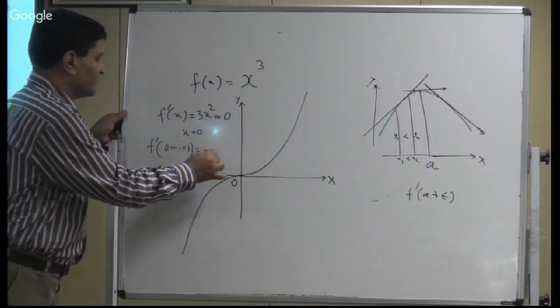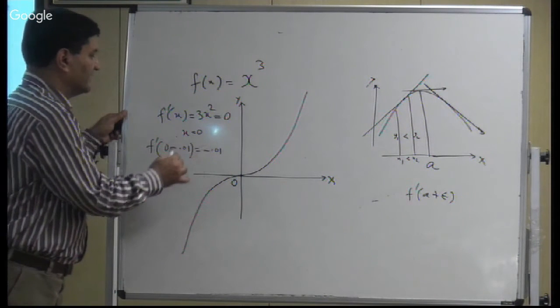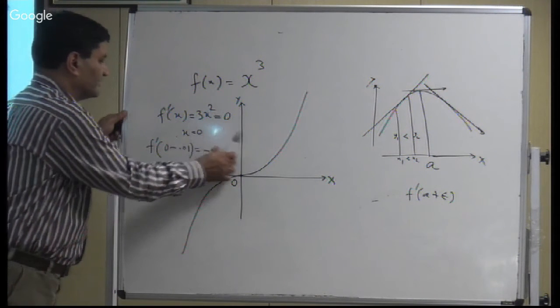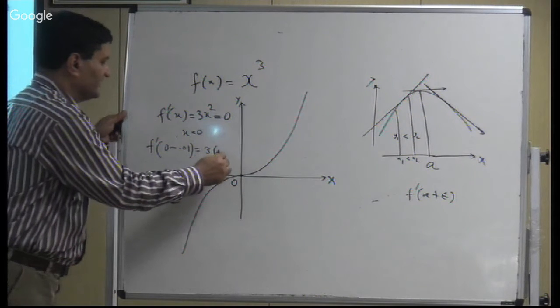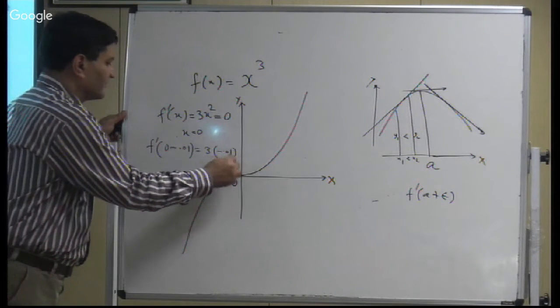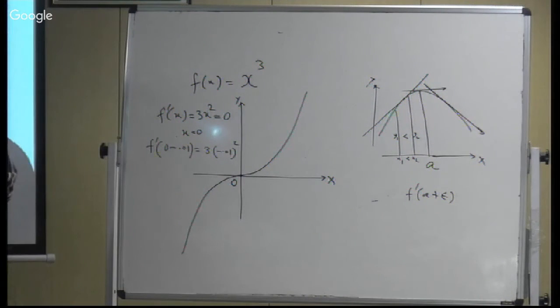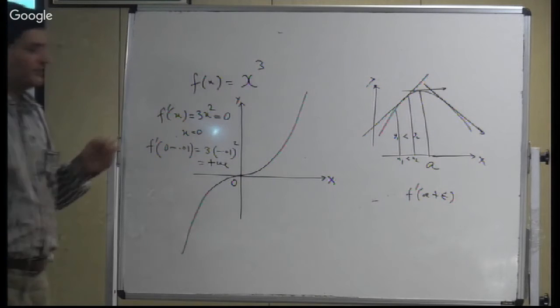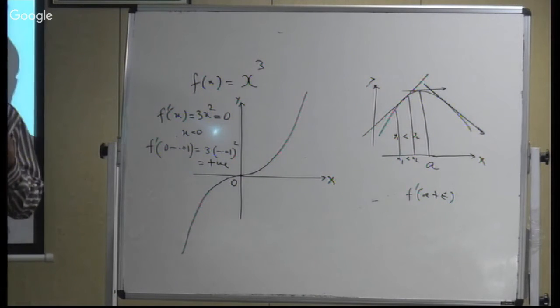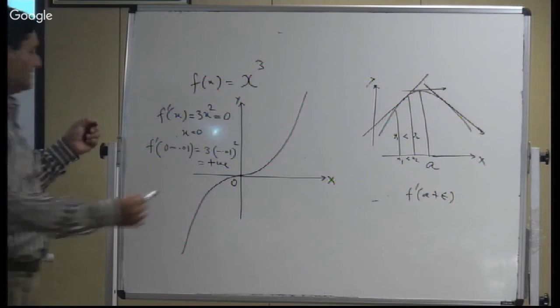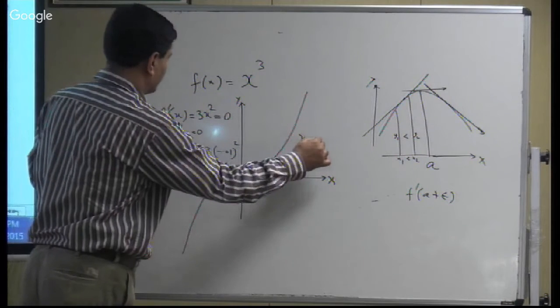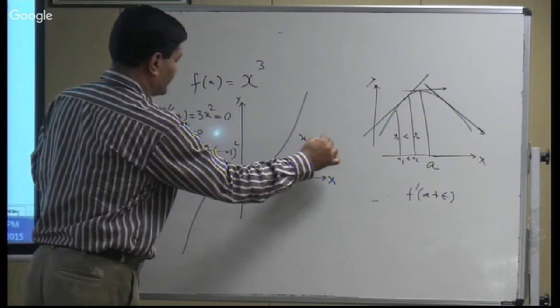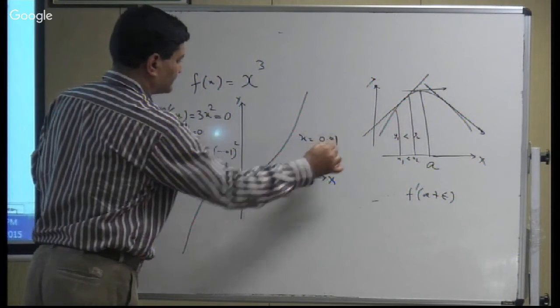So it is minus 0.01, right? And the derivative will be 3 times the square. Since it is being squared, obviously the sign will be positive. Now consider a point slightly on the right, let us take 0.01.